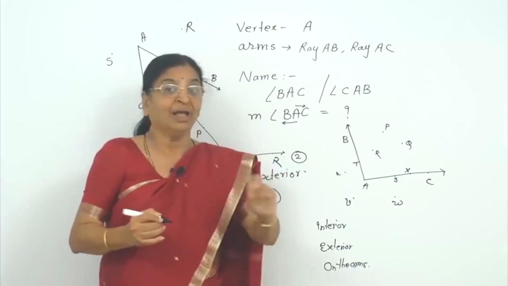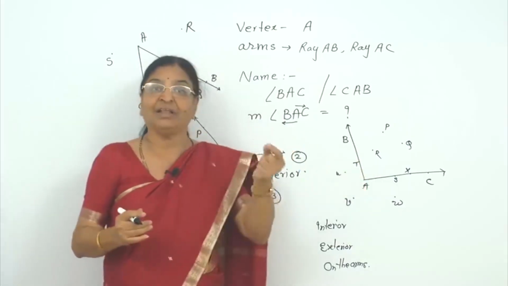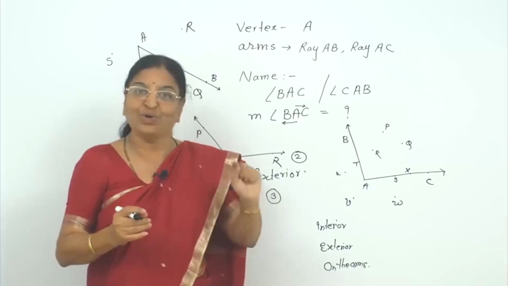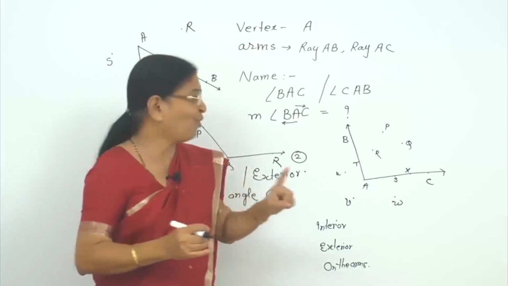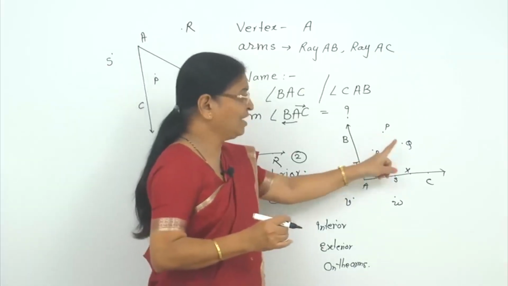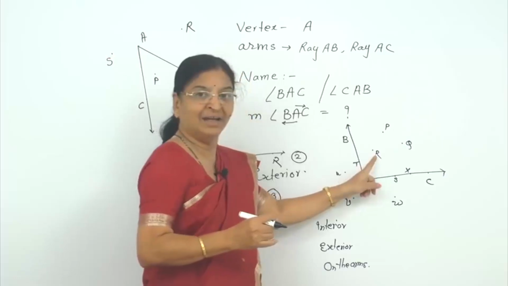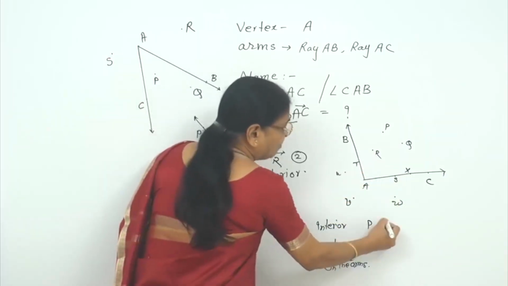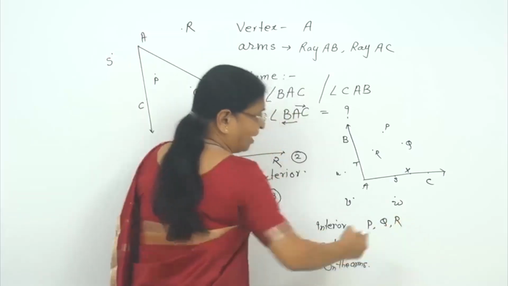You should not see where the name is written, but where the point is. So you have to concentrate on the point. See, P, Q, R, of course not X. So these are in the interior, P, Q and R.